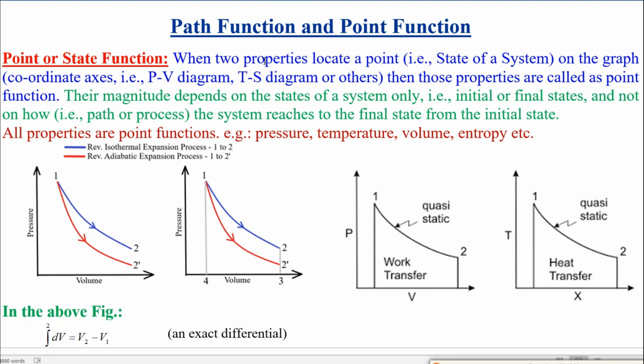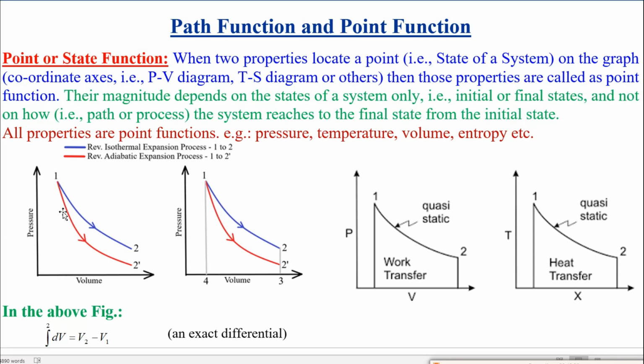So when two properties locate a point, that is the state of a system on the graph, that is the PV diagram or TS diagram, then those properties are called point functions. Their magnitude depends on the state of the system only. The magnitude of the pressure depends on point 1, that is P1.